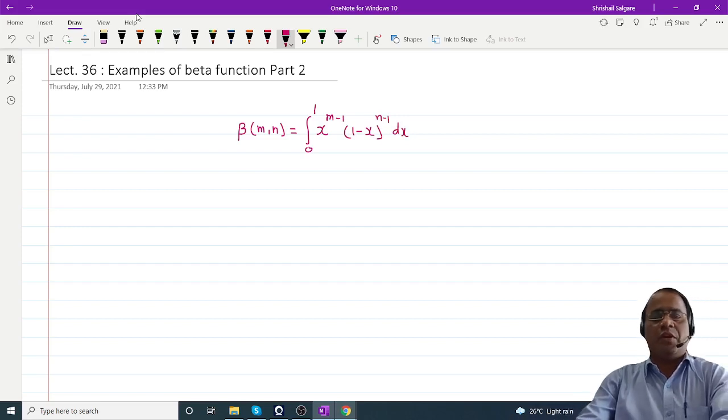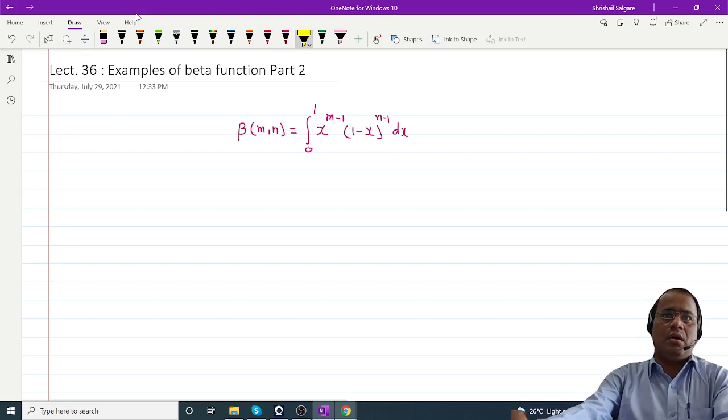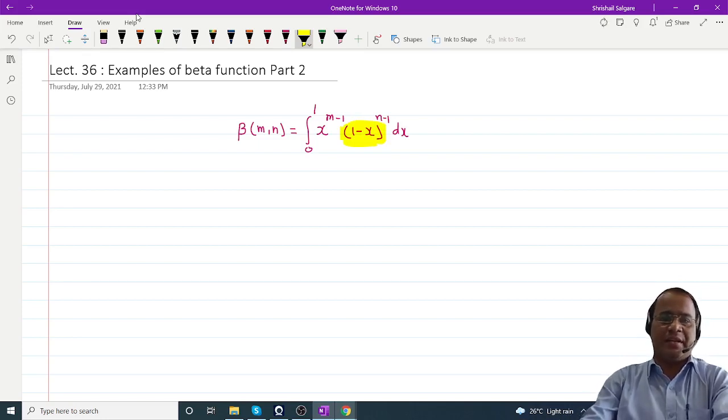So what we did in the last lecture, in the given integral, depending on the factors or the terms, we identify a suitable substitution such that we can obtain the kernel part or the 1 minus x factor in the given integral. And when you use a substitution for x, at the same time we convert the limits to 0 to 1 also. Okay, so that part we have seen yesterday.